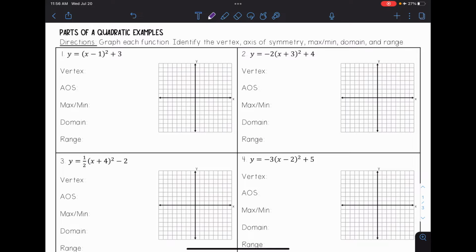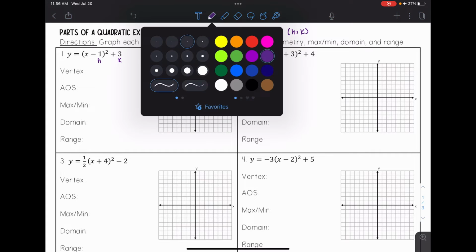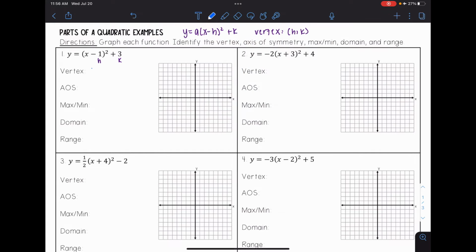Remember that my vertex form is y equals a times x minus h squared plus k, where my vertex is h comma k. So here I see that my h is 1 and k is 3. That means my vertex is going to be 1 comma 3.